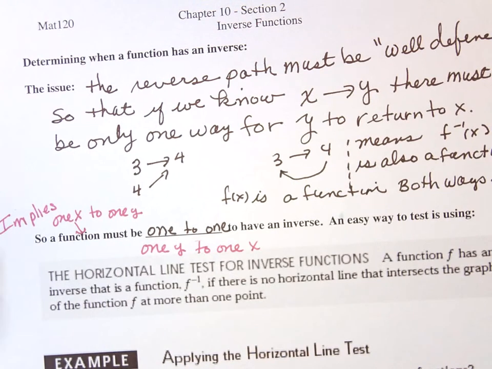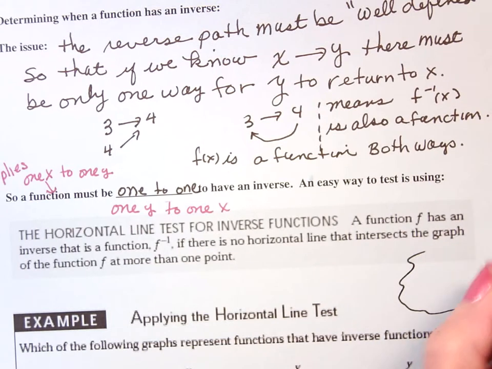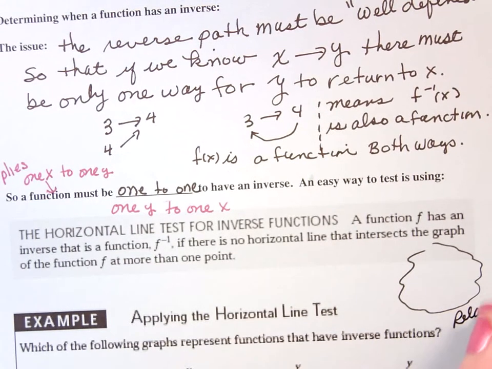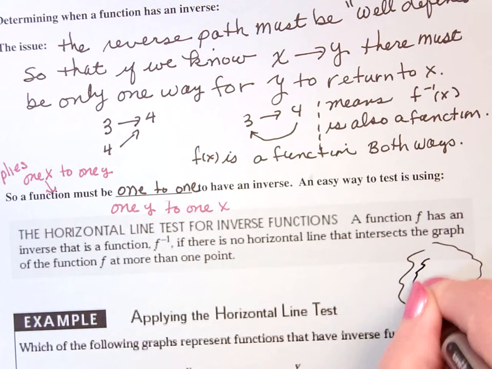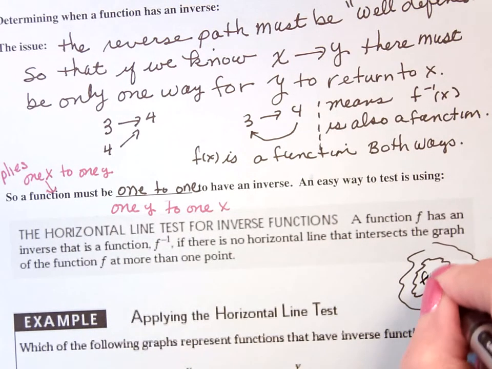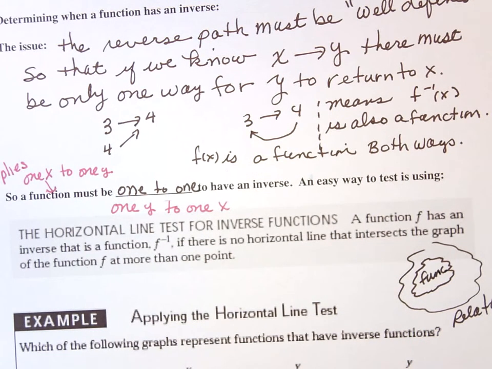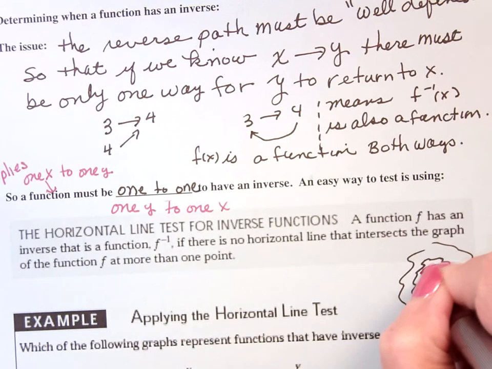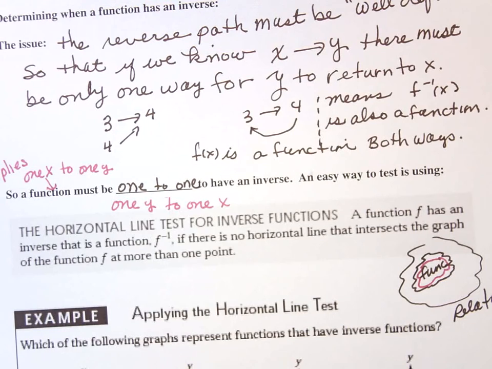When we originally talked about functions, we said that, oh gee, we have this big thing called relations. And then we're going to pull a set out of relations that have this special property. They are 1x to 1y. We call them functions. Now what we're going to do is pull a group of functions out of the functions that are now 1y to 1x.